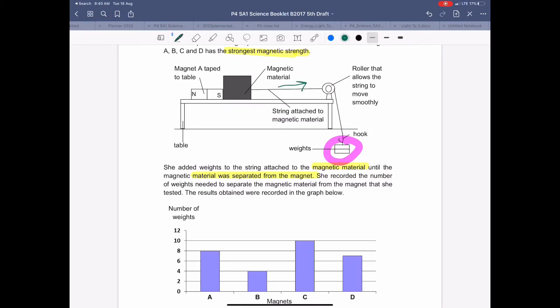The more weights you have, the greater the pull. So obviously, if your magnet is very strong, you'll be able to attract this magnetic material very strongly, so you require more weights. The more weights you require to separate, the stronger the magnet is.